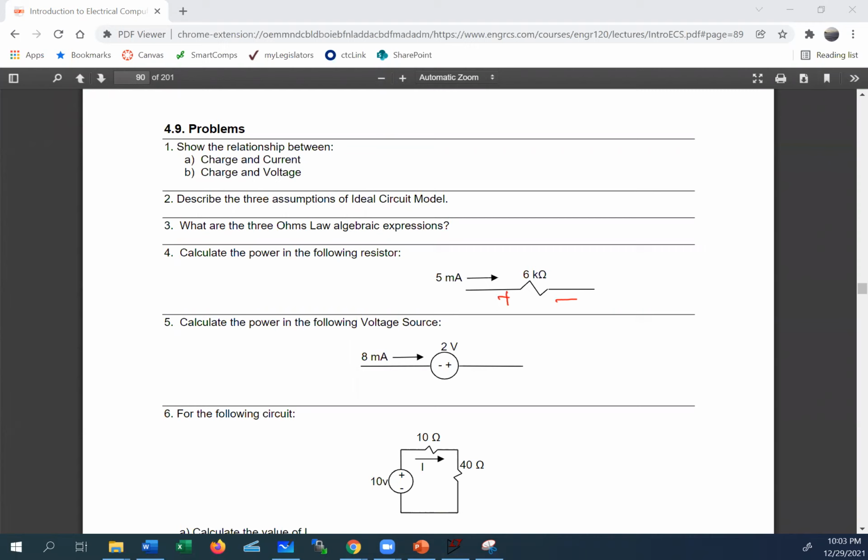And since I have I, I can use P equal to V times I if I want, or let's use this one. What is the V here? I have Ohm's law, which is I times R. So I can plug in I, I have 5 milliamp. I have 6 kilo ohm as R, so I have the V. And the current is moving to the positive side, do that.